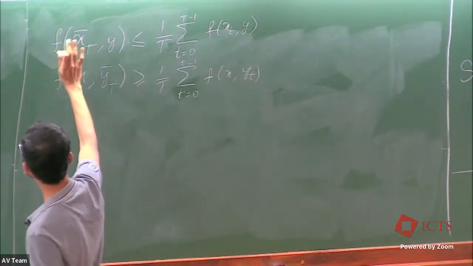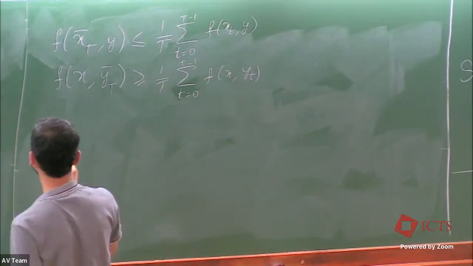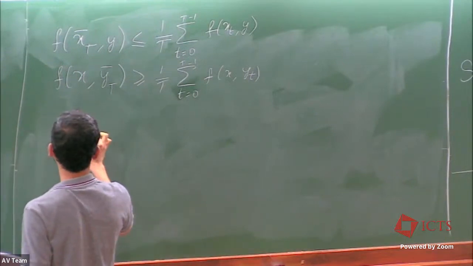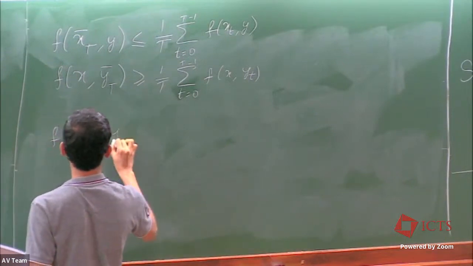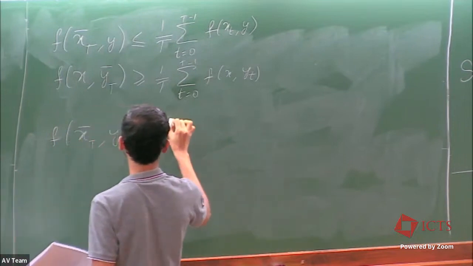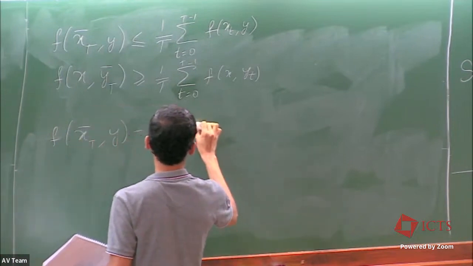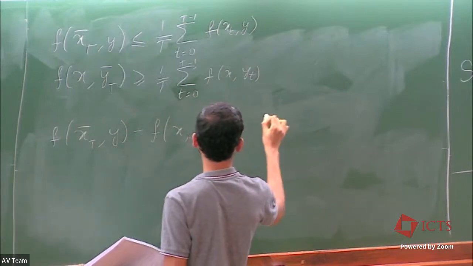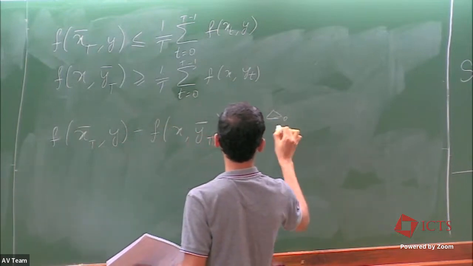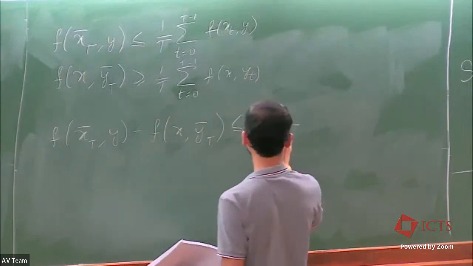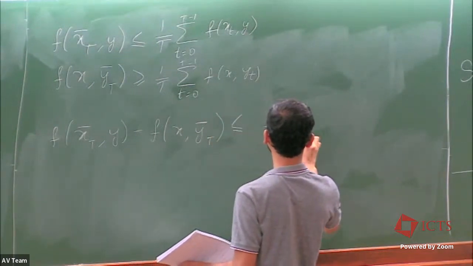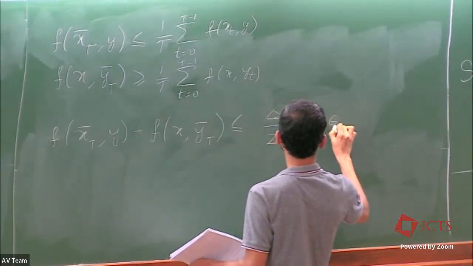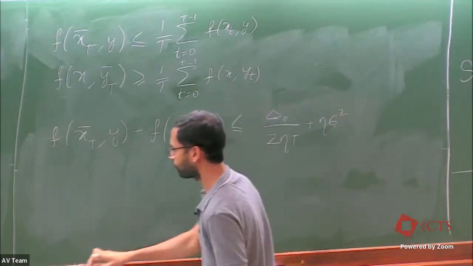So just combining these two inequalities with this, what we get is f of x bar t comma y, so delta 0.